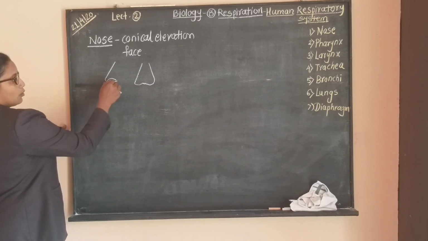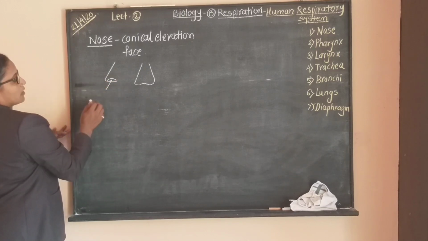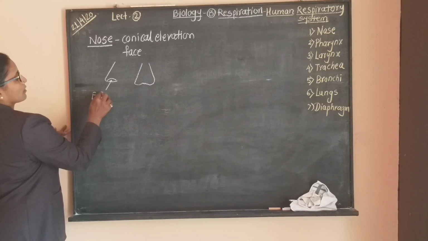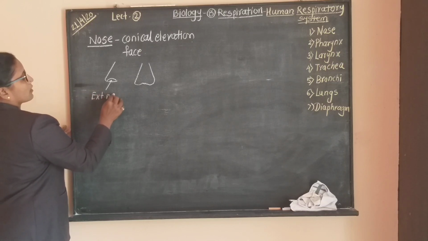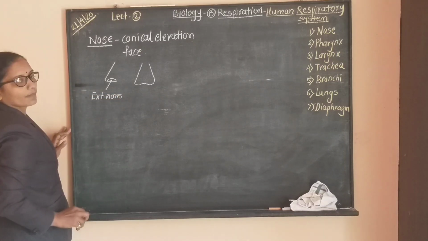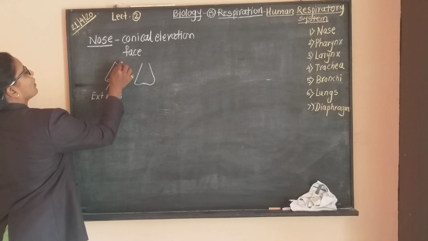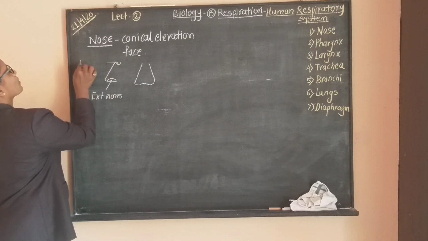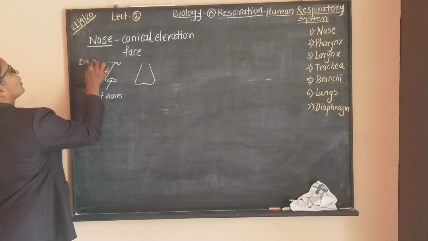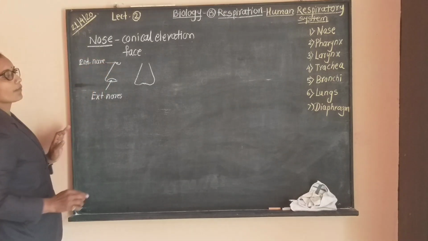Now this nose consists of slit-like openings. These are called external nares, and internally here there are also openings. These are called internal nares.